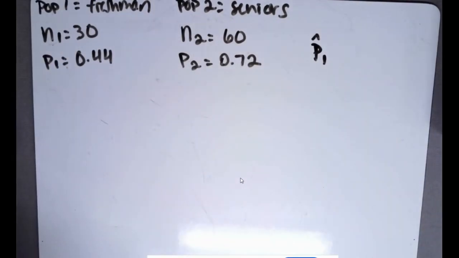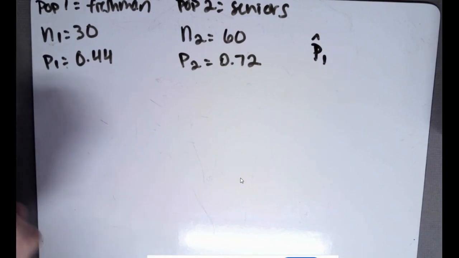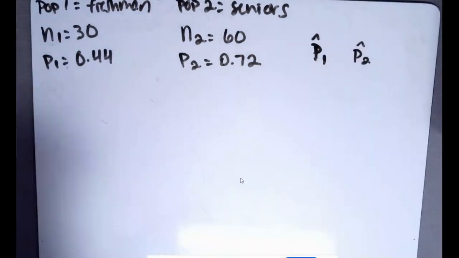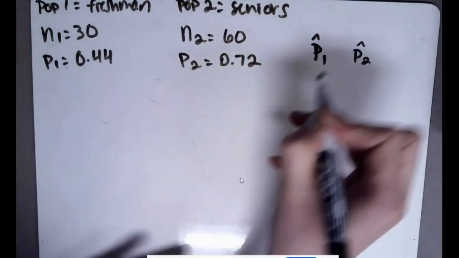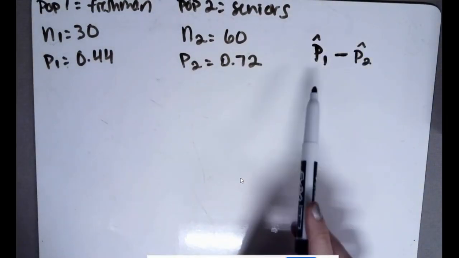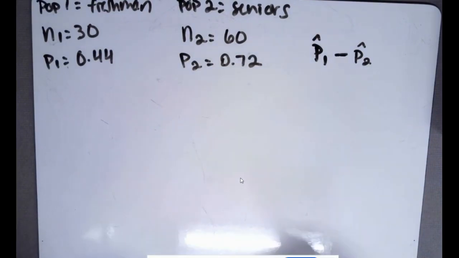So the hat shows that it is a sample statistic. When I take a sample of the seniors and calculate the proportion that is wearing Crocs, that is p2 hat because it is a sample statistic. And what I'm interested in is the difference between those. So our random variable of interest is p1 hat minus p2 hat.